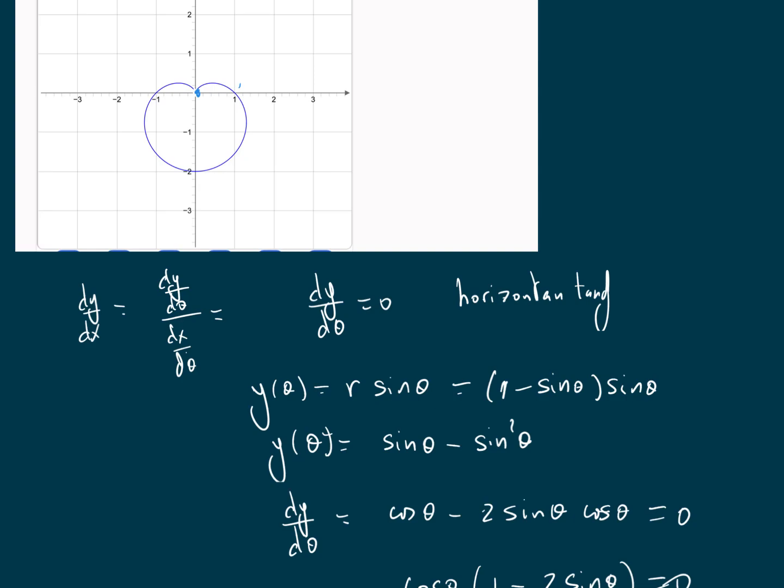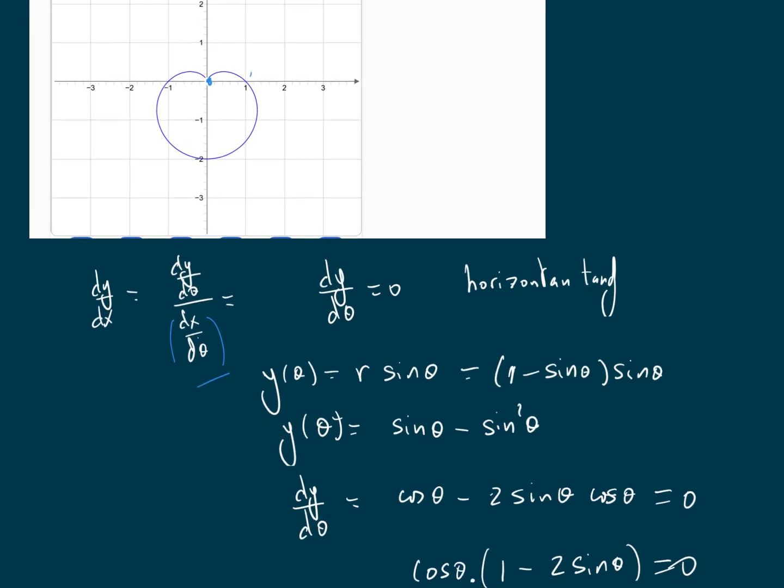So is this a point of horizontal tangent? No, this is not a point of horizontal tangent. Probably the derivative of x with respect to theta is 0 also at this point.